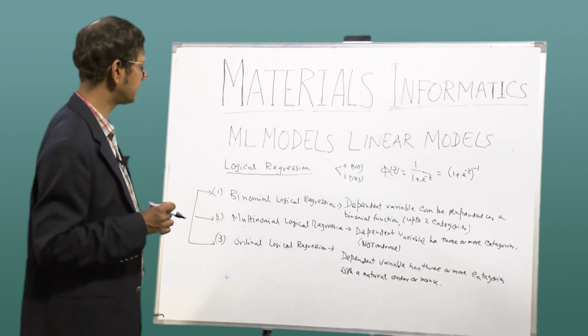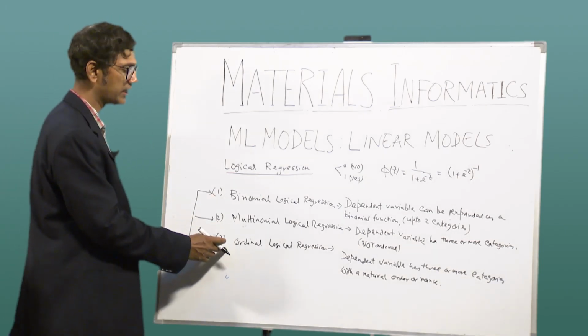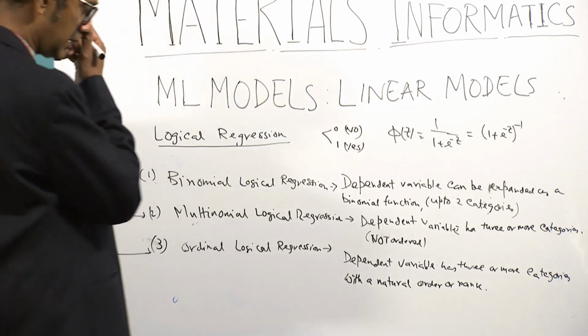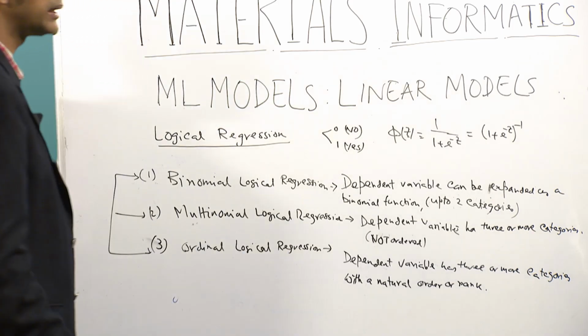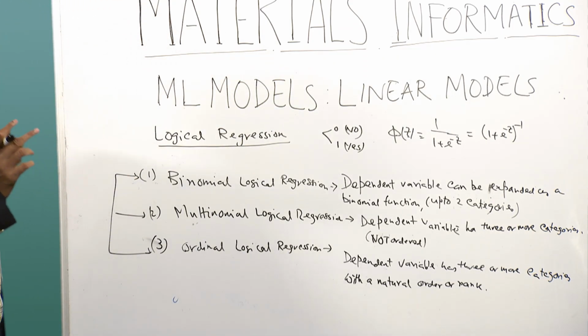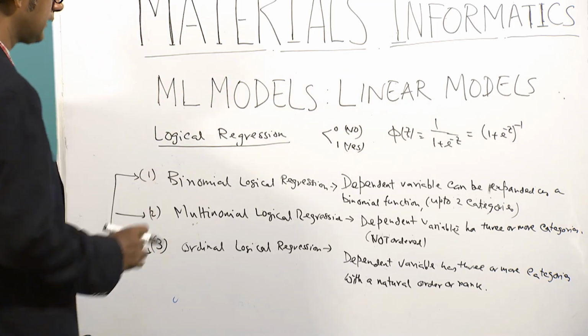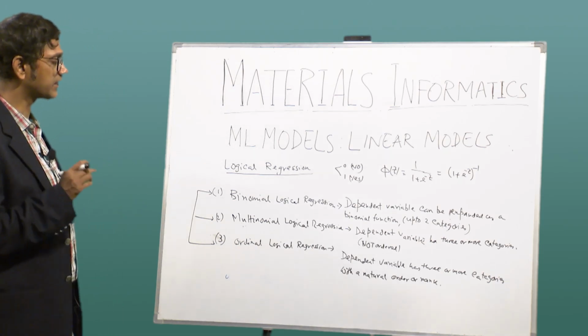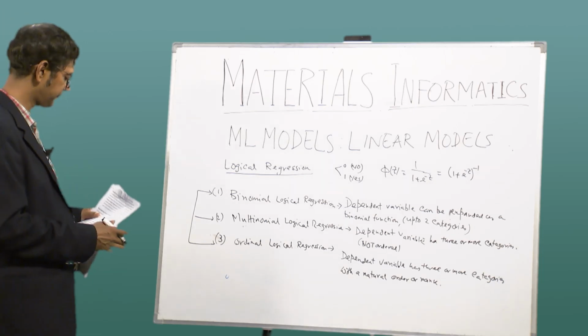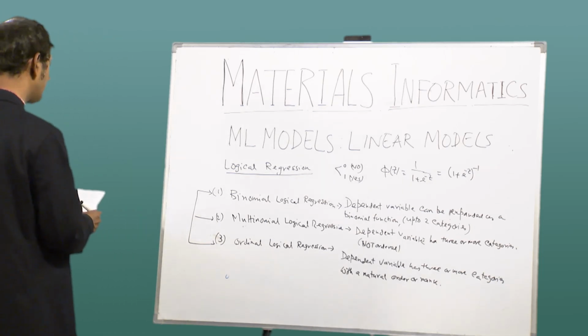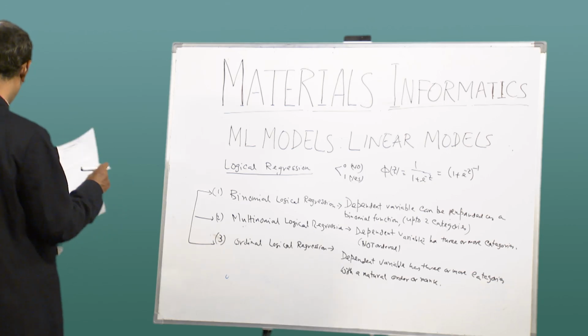Because in the multinomial or ordinal you have 3 or more categories, but in the multinomial case the dependent variables are not in order or rank, whereas in ordinal they have a natural order or rank. So, these are the different kinds of variables.